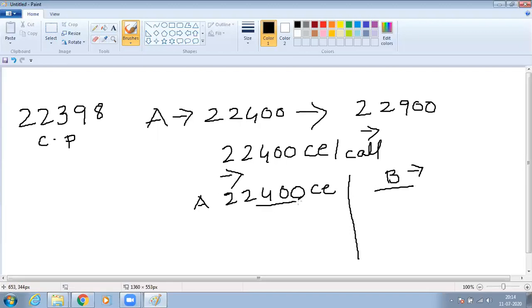A is planning to buy the 22,400 call option. So assume that B is ready to sell the 22,400 call option. What exactly is the meaning of buying a 22,400 call option?